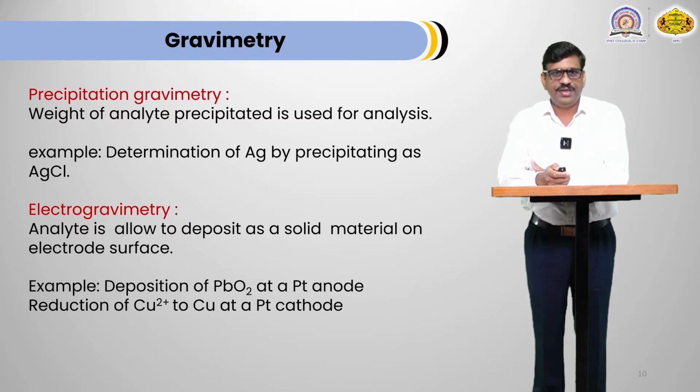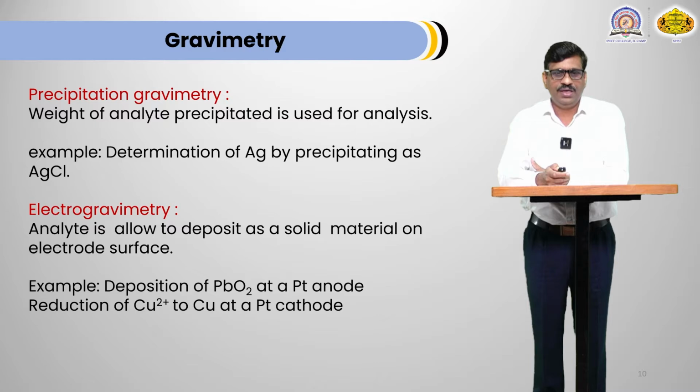Another technique of gravimetry is called electrogravimetry. In electrogravimetry, the analyte is allowed to deposit as a solid material on the electrode surface. Hence, electrolysis of the electrolyte is carried out, and after electrolysis, the element is deposited on a particular electrode.